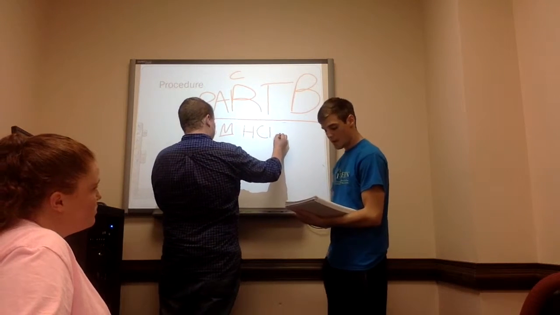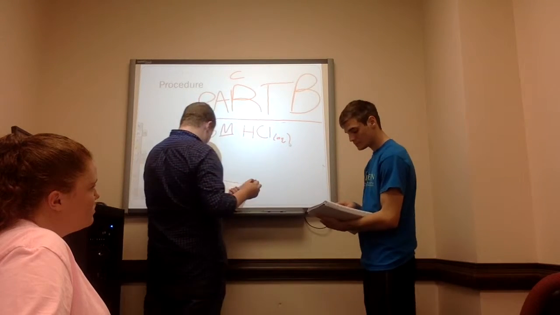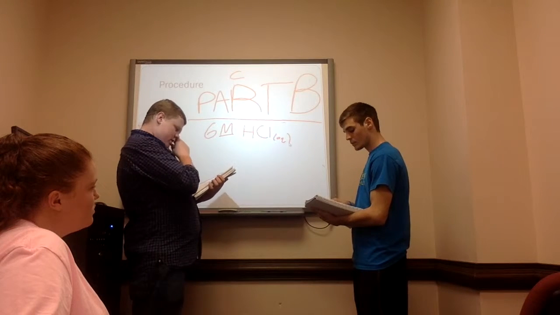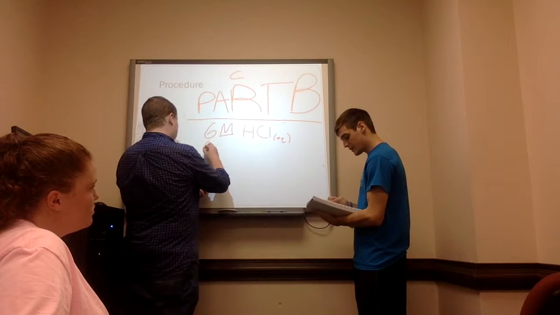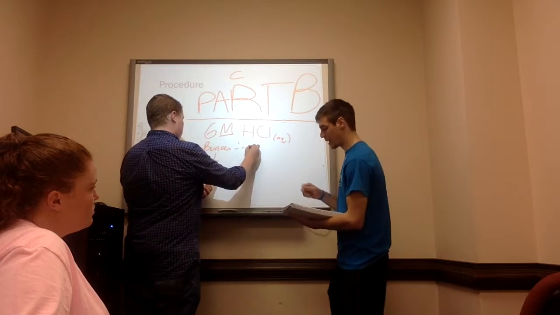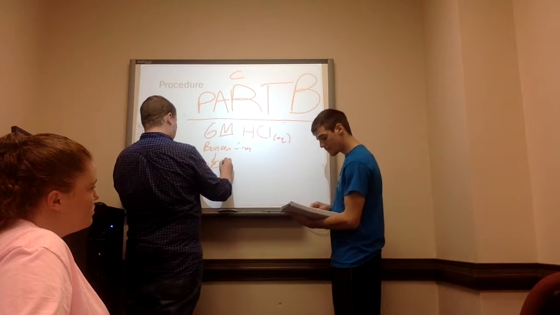Hydrochloric acid aqueous solution into a small beaker, correct? Correct. And then what did you do? And then I lit my Bunsen burner and took a metal spatula and cleaned it by dipping it into that solution right here. Okay.